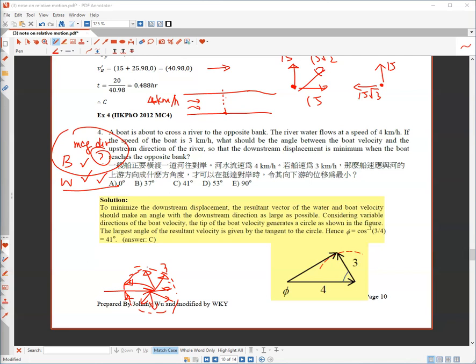And then, if you want to see which resultant will give you the smallest downstream displacement, then we are looking at the addition of these two velocities. So if the vector is this one, the resultant will be this one, the resultant will be this one. So let me draw it with two different colors. Let's say the green one here, and then the blue one here.